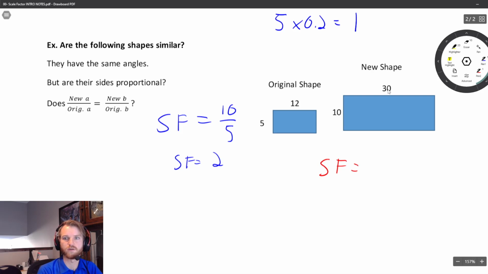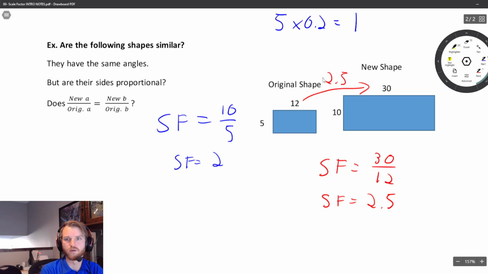The scale factor is the new side, which is 30, divided by the original side, which is 12. And in this case, the scale factor is 2.5. So these two are getting 2.5 times bigger, and this side here is getting 2 times bigger.